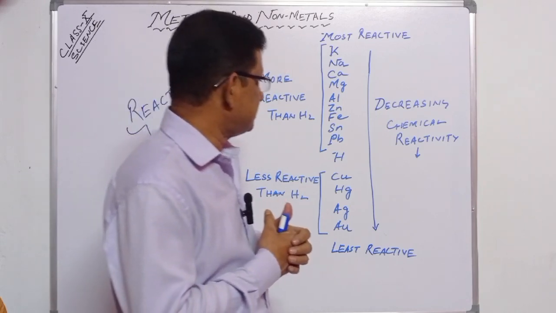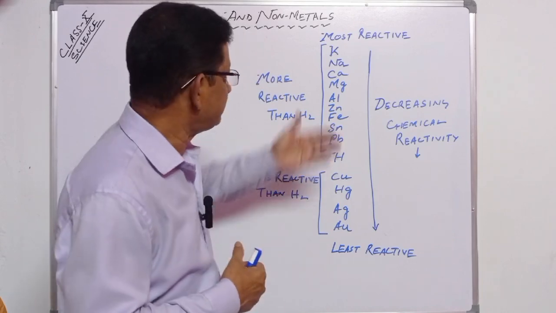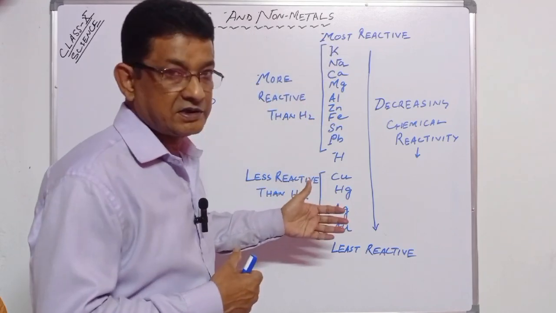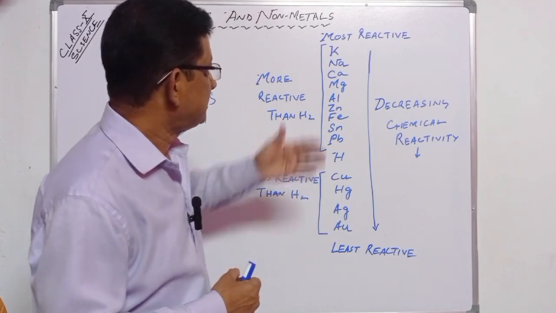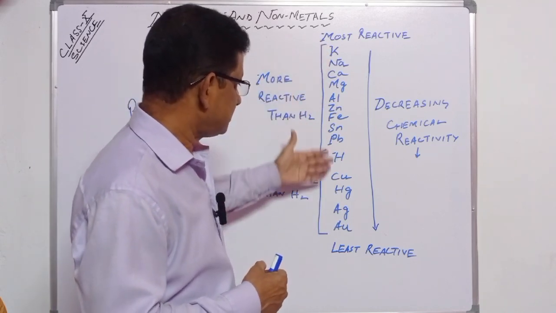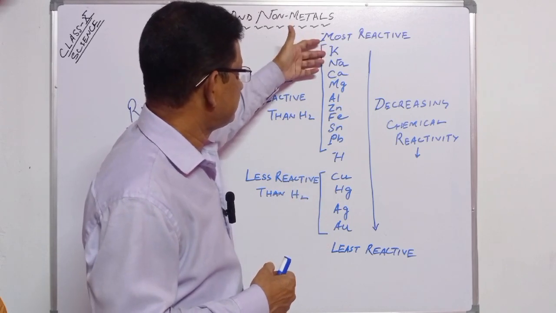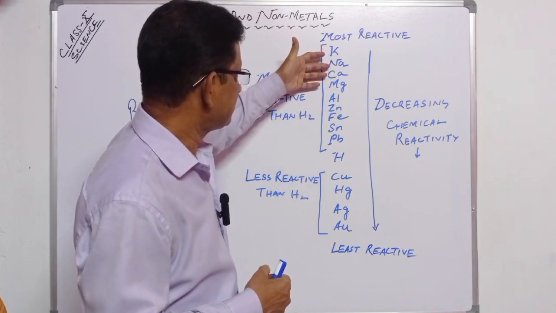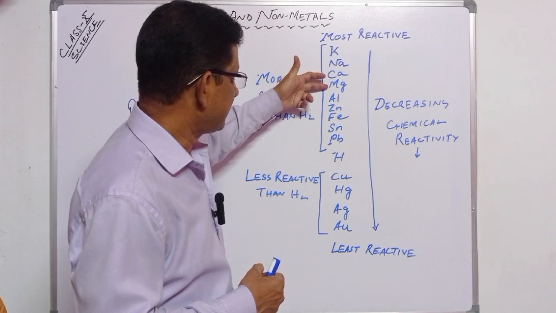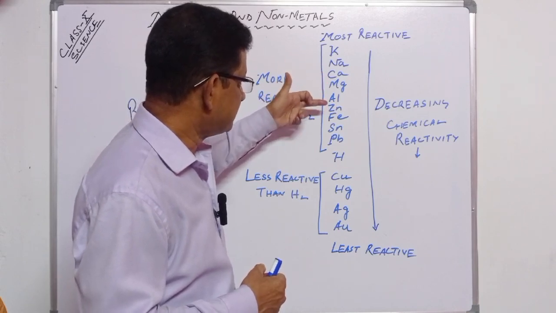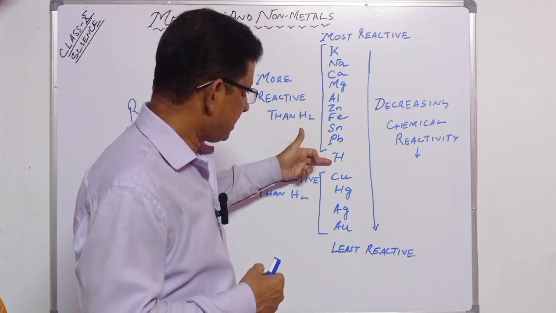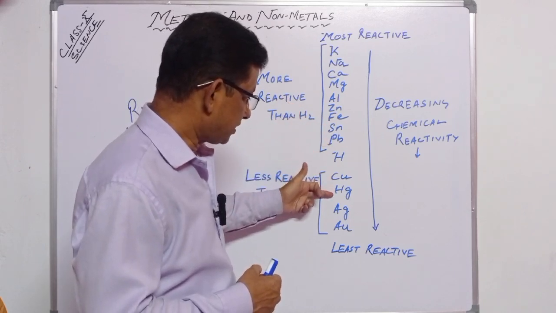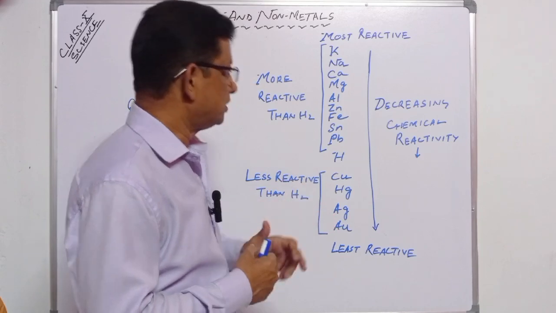In the reactivity series we will get some metals which are arranged in a vertical column. So these are the metals: potassium, sodium, calcium, magnesium, aluminum, zinc, iron, tin, lead, hydrogen, copper, mercury, silver, gold.